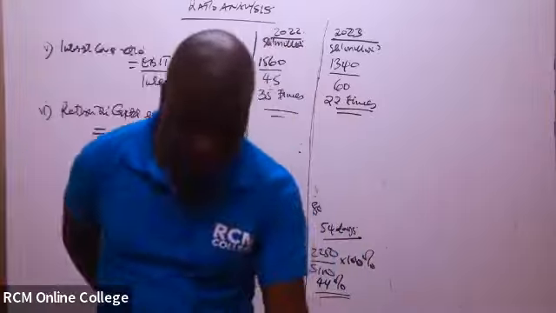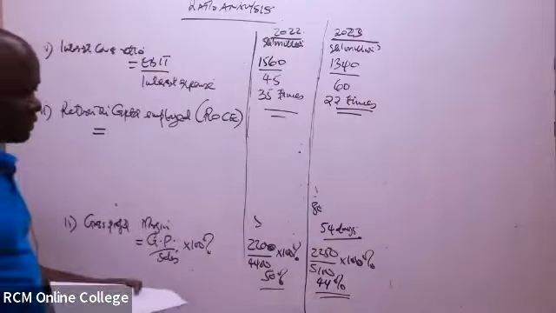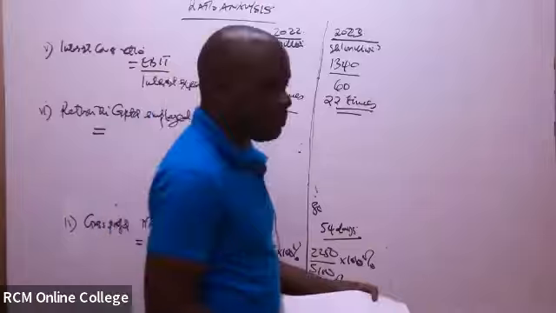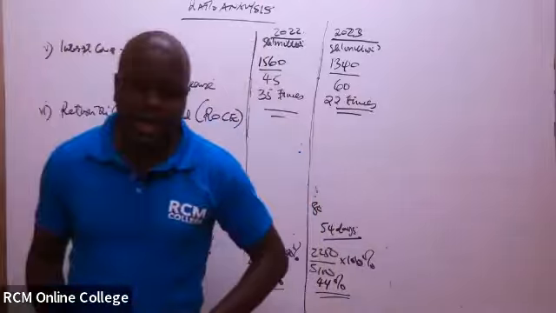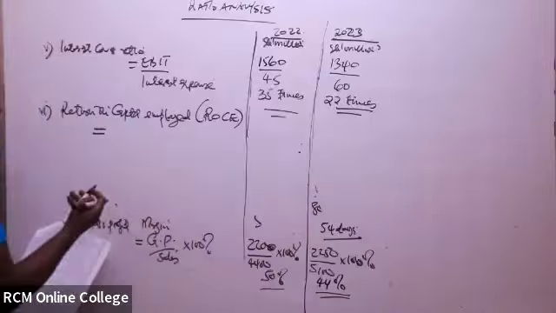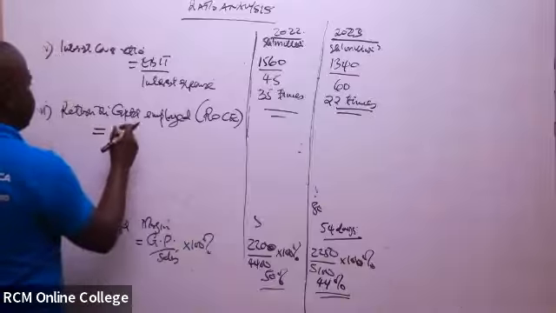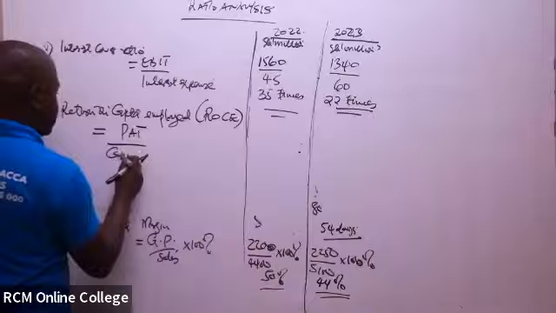Are you sure it is EBIT? You'll be able to take the profit after tax. It's supposed to be profit after tax over the capital employed. And of course, the capital employed can be the net assets, or you can take total assets minus total liabilities. So it is PAT, you need to take PAT over the capital employed.